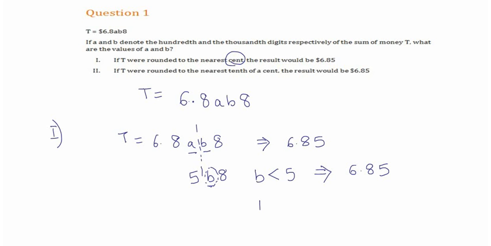Now suppose B is greater than or equal to 5, then what could be the possible value of A?